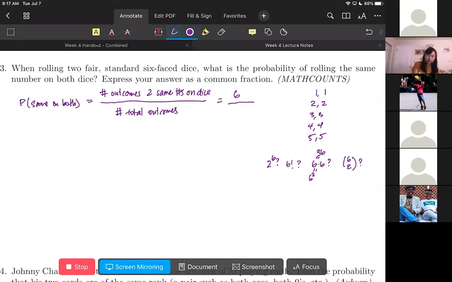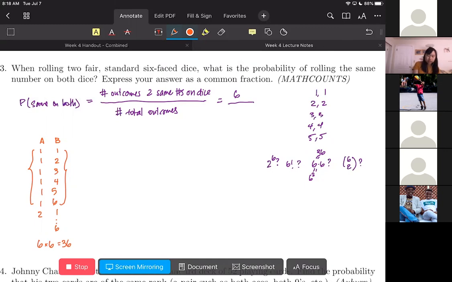If you have 2 dice, let's call it die A and die B, then you could roll 1 for A, 1 for B; 1 for A, 2 for B; 1 for A, 3 for B; 4, 5, 6, and then the same for 2. Basically for every value of A, there's 6 values of B. And so you would get 6 times 6.